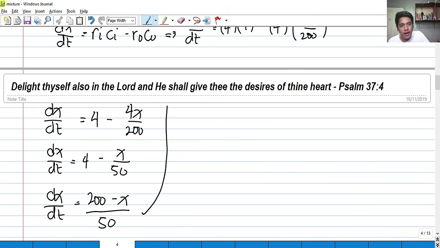If I cross multiply, that is 50 dx over dt is now equal to 200 minus x. As you can see here, we are forming an equation that is linear in x.